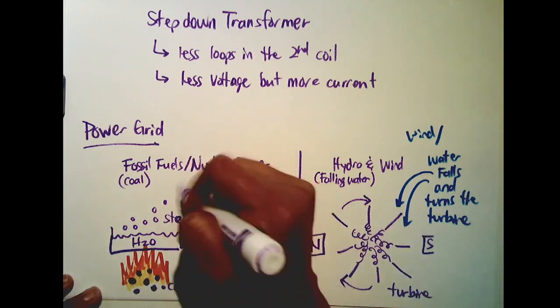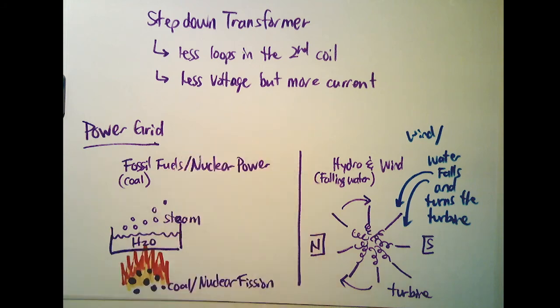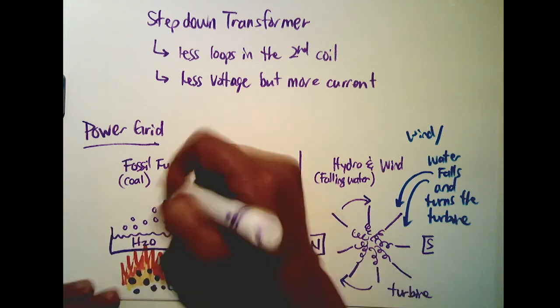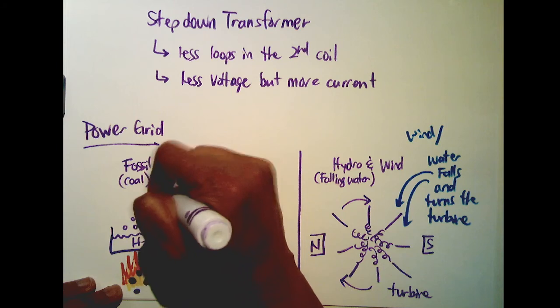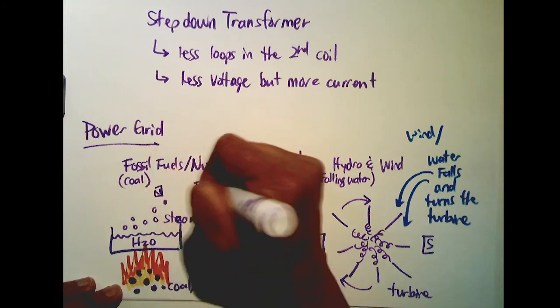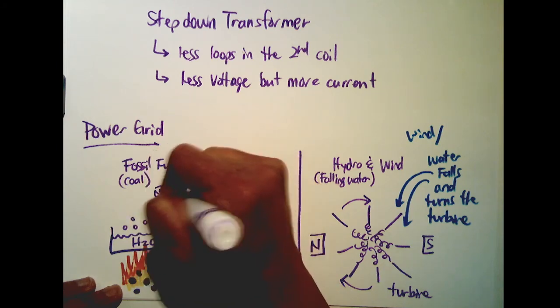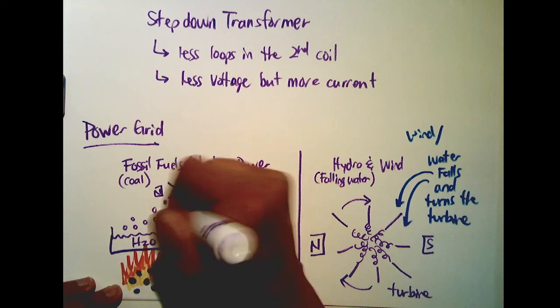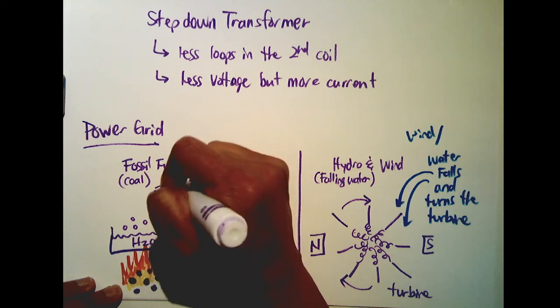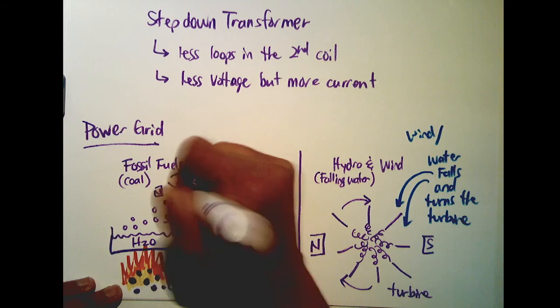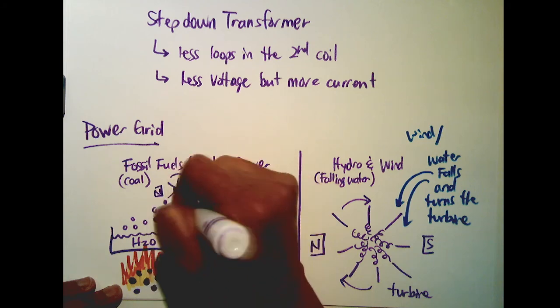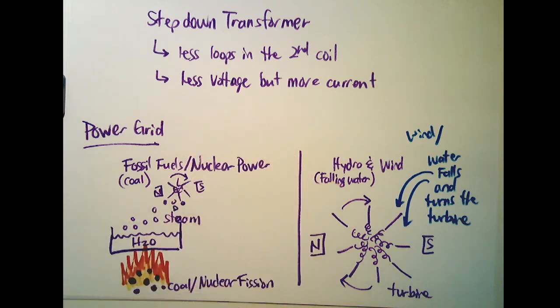So basically you're going to have the turbines here, and I'm just going to draw them a little smaller. Okay, so here is your north, and here is your south. This is totally not to scale, but here's your turbine, and it's going to turn the turbines. And there's your coils in there. And the steam actually technically does that.